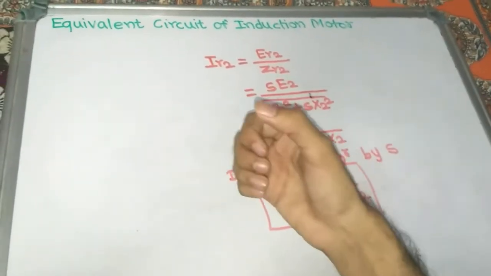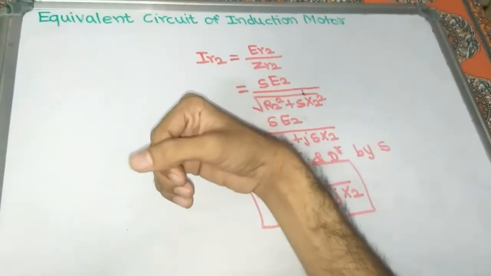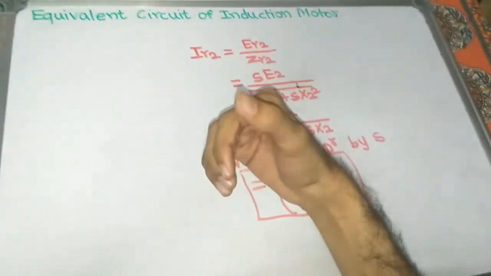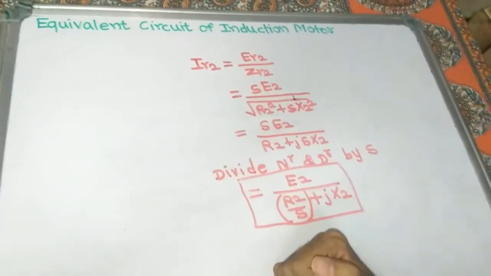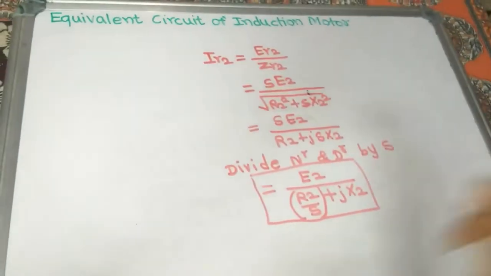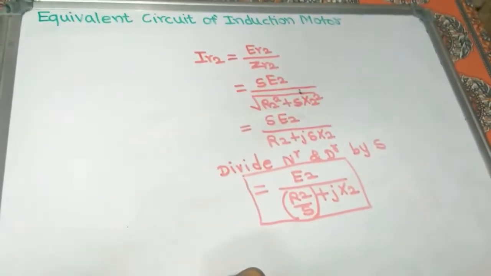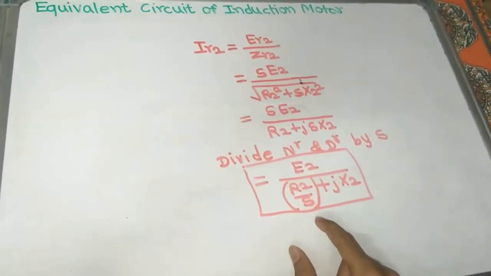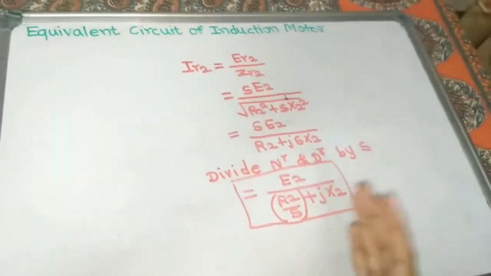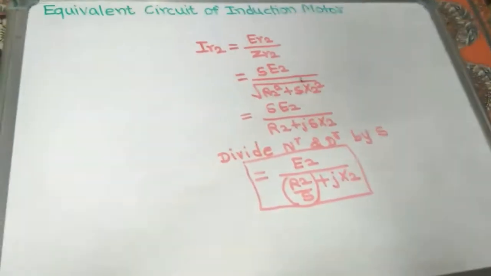When you start the motor, the slip value is 1, and it reduces as the motor catches speed, so the rotor frequency also reduces, we know that. But by making this arrangement only for drawing the equivalent circuit of the rotor similar to that of a transformer, the rotor frequency now becomes the supply frequency.